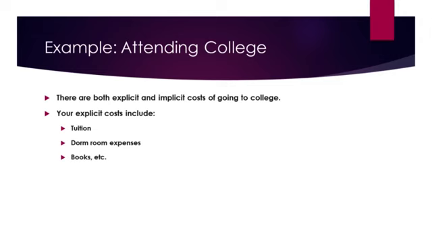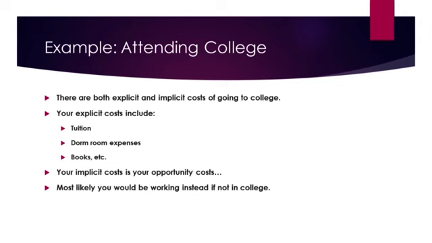But you also have an implicit cost. Your implicit cost is your opportunity cost. And we all agree that we have an opportunity cost when we go to college. We do give something up. Most likely, you would be working instead if you didn't go to college, right? So if you would be working instead, you have an opportunity cost.